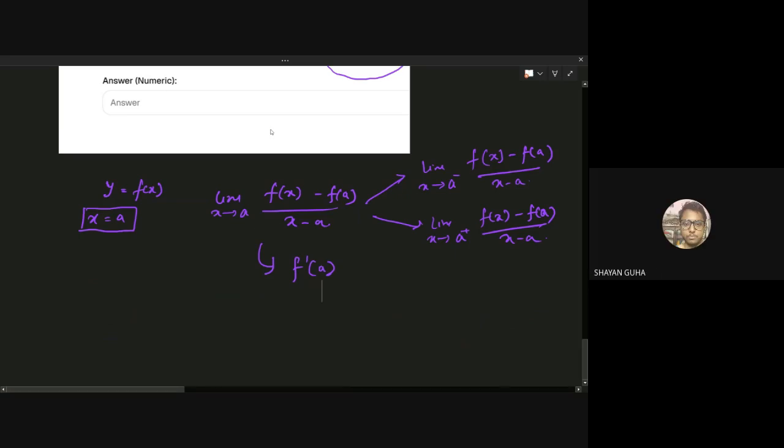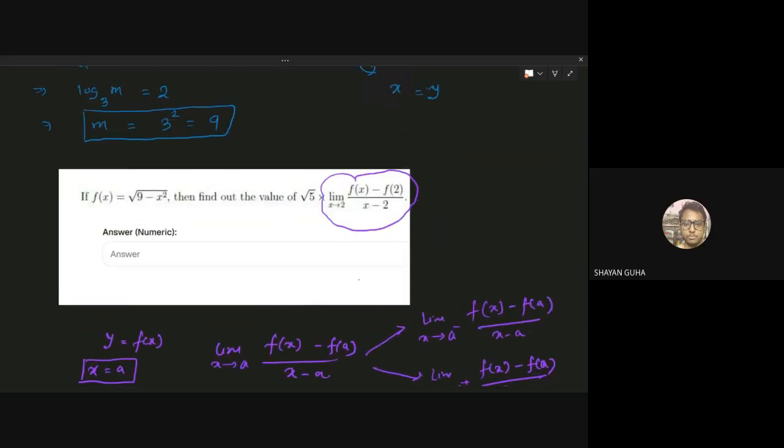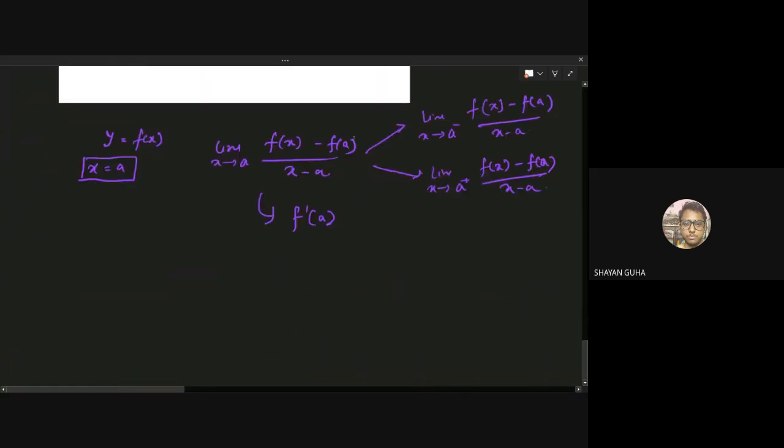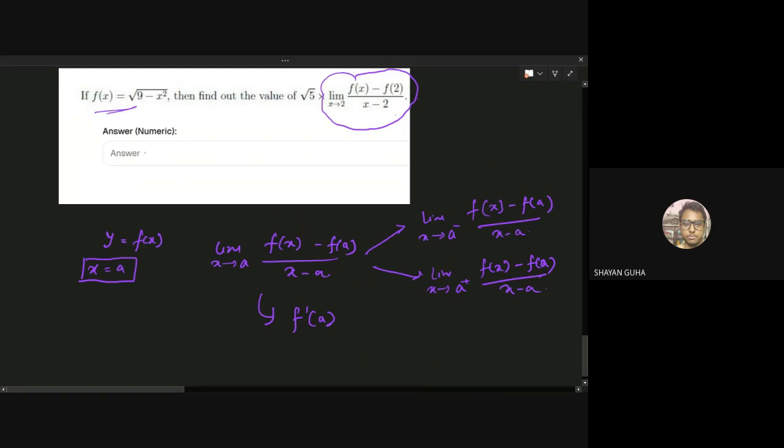So by the given question, the differentiability is given for the function, and you are given f of x here. So instead of calculating the limit, you can easily say that the given function is continuous and differentiable.